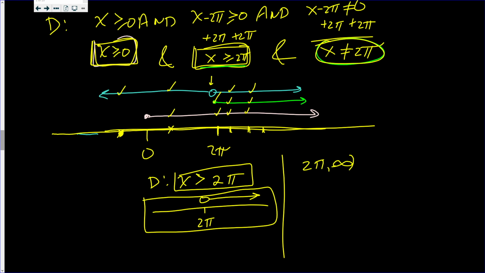And in this case, it is bigger than 2 pi. It cannot equal 2 pi. Or, in set builder notation, the set of all x such that x is bigger than 2 pi.